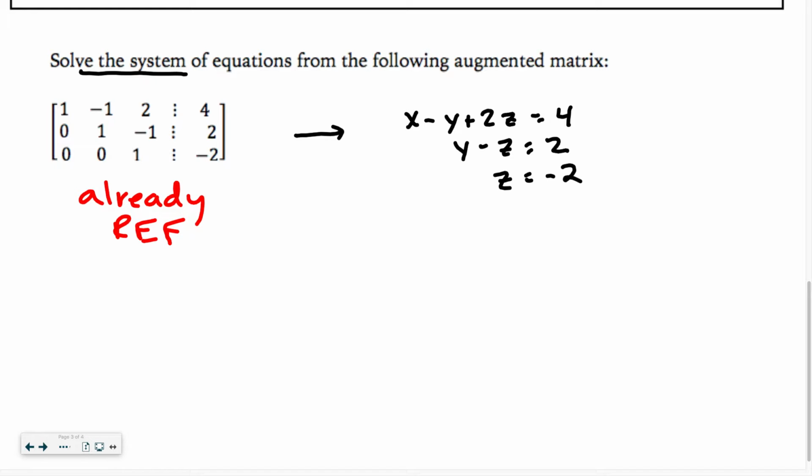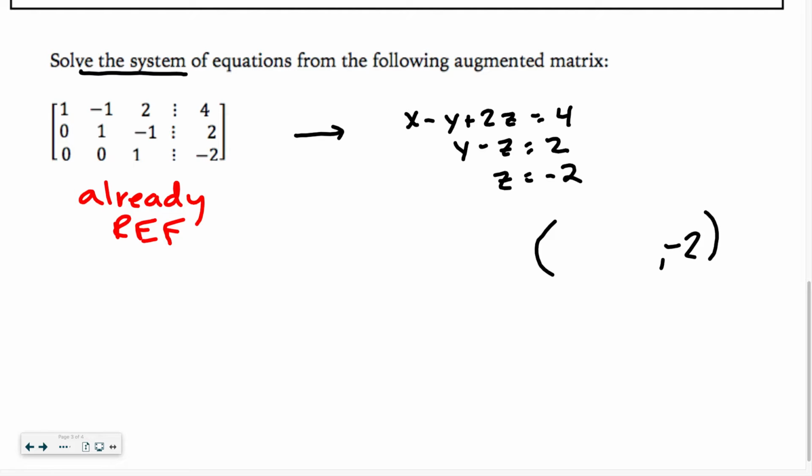Here's the benefit of row echelon form. If it's in row echelon form, your final row will likely be a row where you know the value of one of the unknowns. So we know z is negative 2.